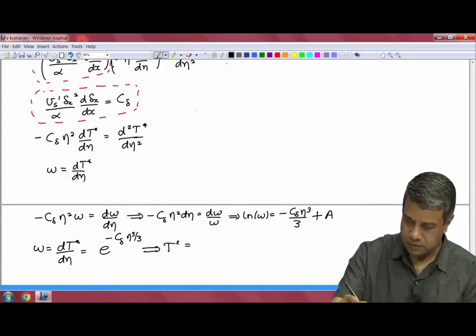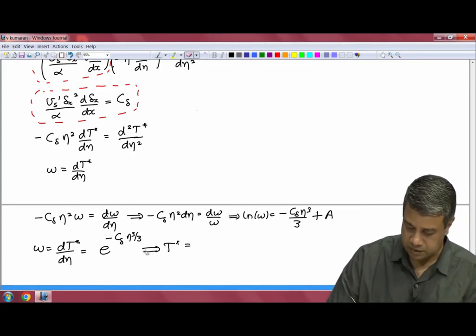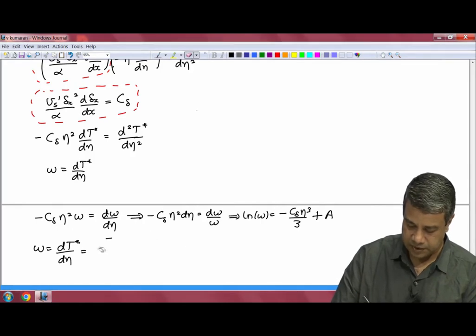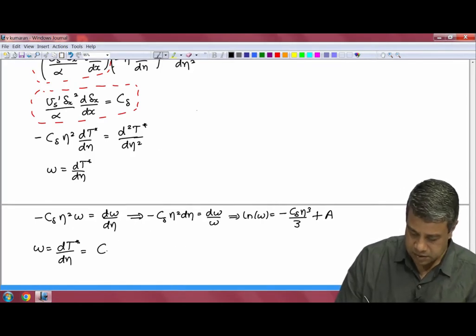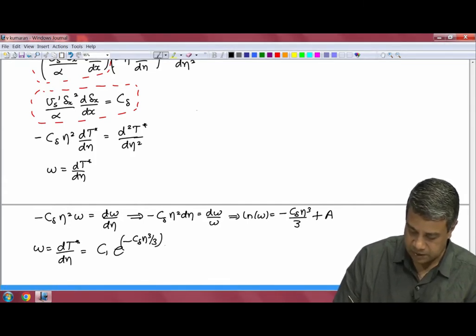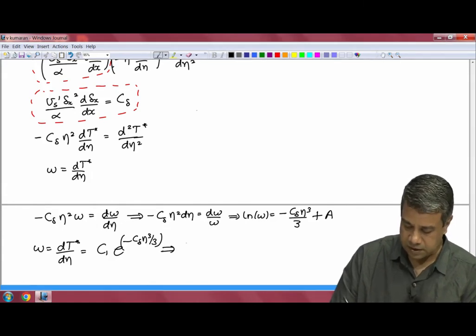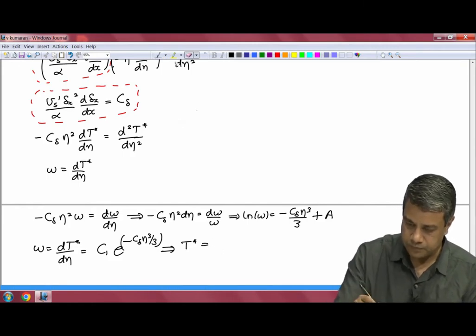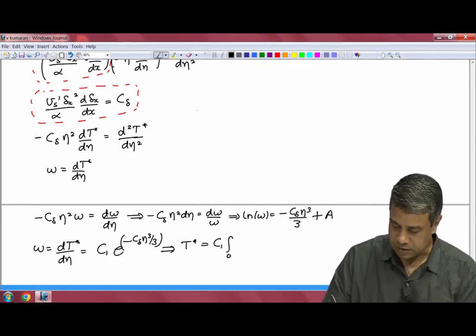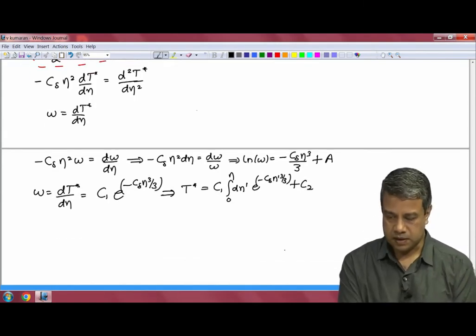Therefore, this will have a constant of integration pre-multiplying it. When I exponentiate that term, I will get C1 e power minus C delta eta cubed by 3. And therefore, if I integrate it a second time, I will get T star is equal to C1 integral 0 to eta d eta prime e power minus C delta eta prime cubed by 3, plus C2. Okay, so, that is the final solution.